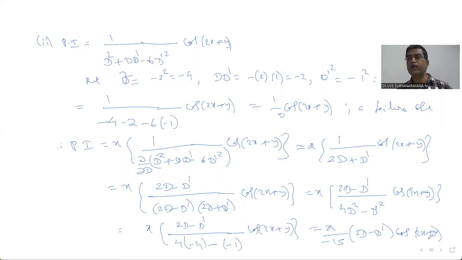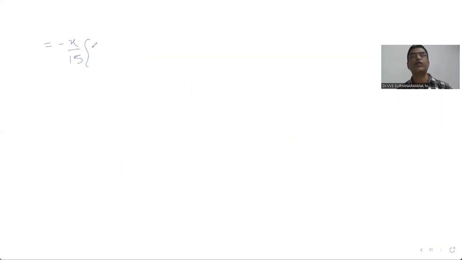So minus x by 15 into (2D minus D dash), so 2 times D of cos(2x plus y) minus D dash of cos(2x plus y).